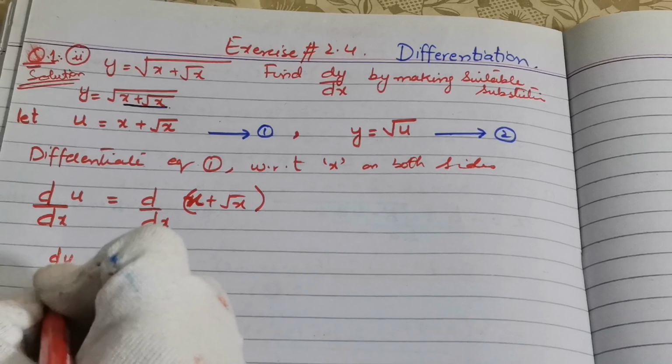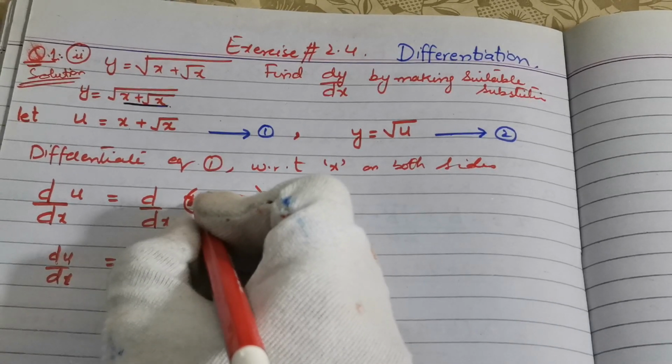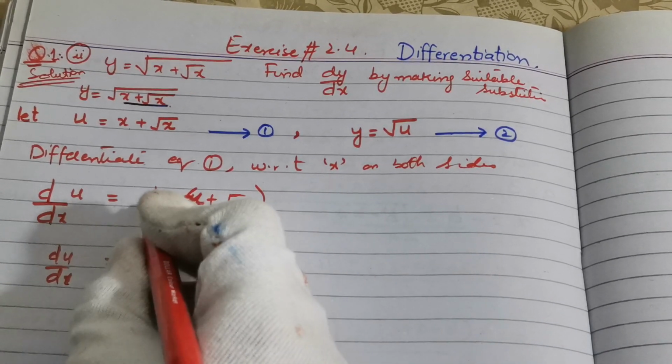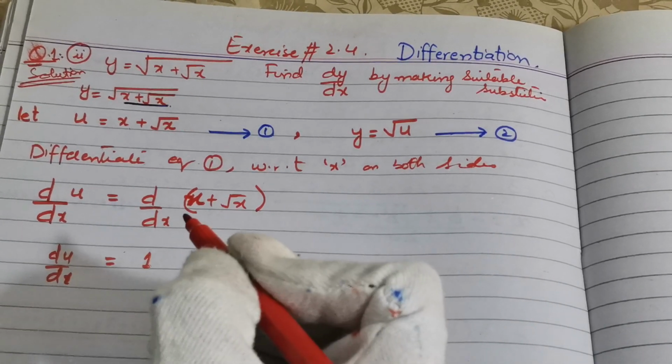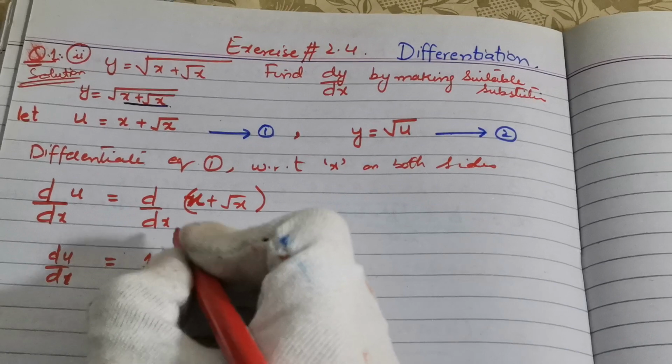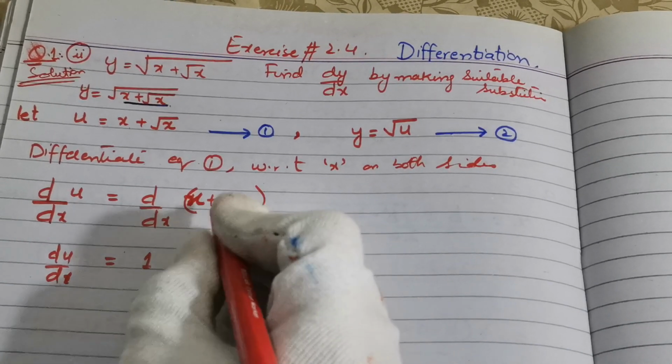Here we apply derivative. First of all, we apply derivative of x. So derivative of x with respect to x is always 1 plus derivative of under root x.